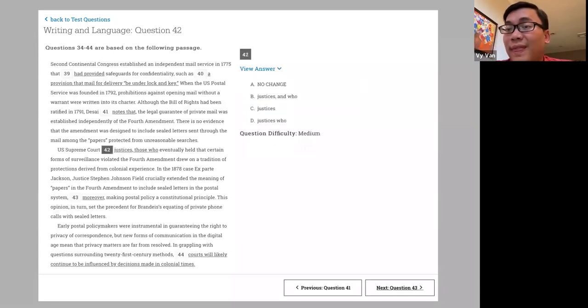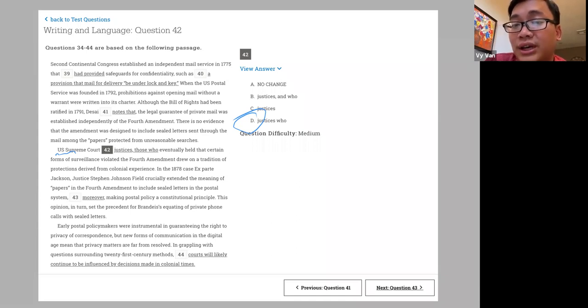Number 42. U.S. Supreme Court. Okay, so I'm reading here. U.S. Supreme Court justices who eventually held that certain forms of surveillance drew on a tradition of protections derived from colonial experience.